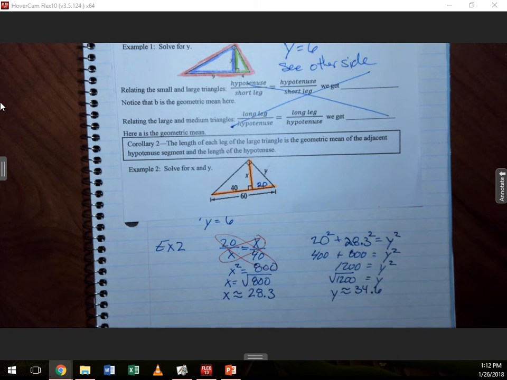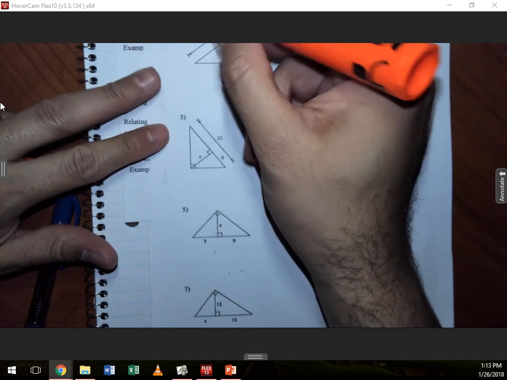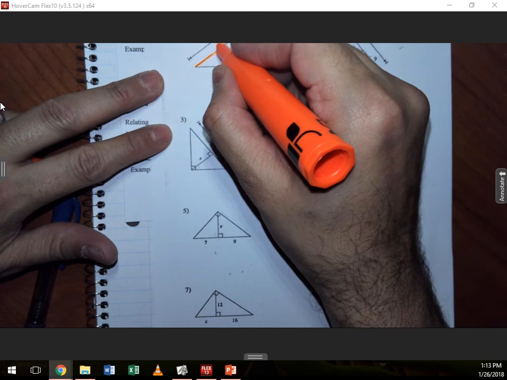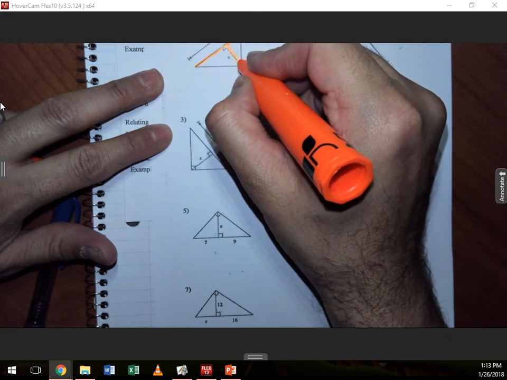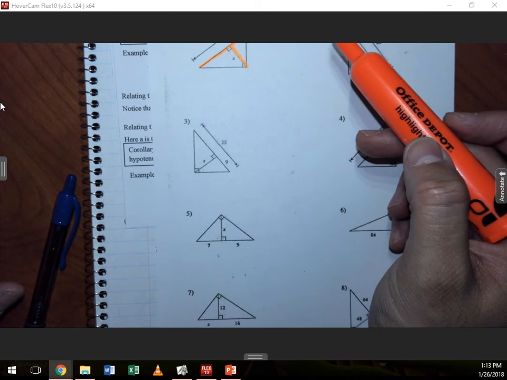Now, let's take a look at your practice real quick, before I go too far. I'm going to start by drawing the t. If I draw the t, then I can actually do it using geometric mean. Do I have all parts to that?